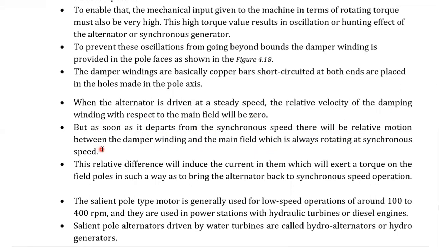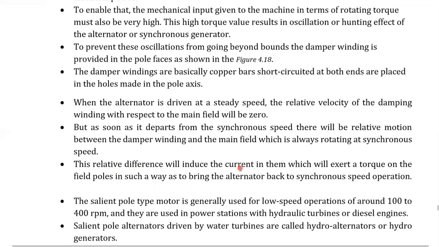Because of load changes, a relative speed exists between the stator rotating magnetic field and the field winding. So to oppose this, the damper winding is used. This relative difference will induce current, the same as in an induction machine. Here the concept is related to the damper winding.